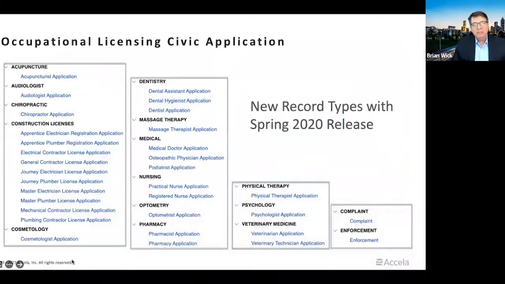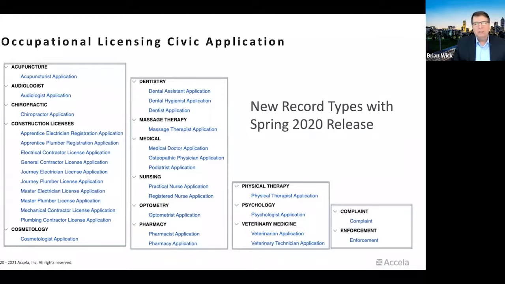So occupational licensing, we talked about additional record types. All of our Civic applications generally, and we've been launching them for a number of years now, come up with additional components as we go along. So we build them out, we expand them out. And occupational licensing, which was one of the later Civic applications to be launched, where we've done a nice job with Spring 2022 to build out construction licenses.